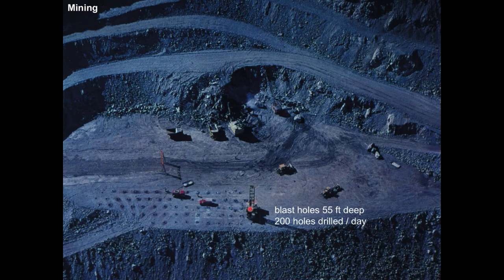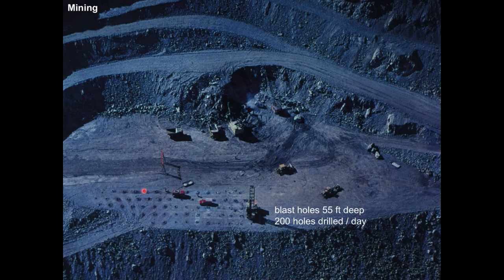In this case, we're drilling open holes, cylinders that go down 55 feet. And each one of these holes that I'll trace, 1, 2, 3, 4, 5, 6, 7, 8, 9, 10. You can see that all of these holes are lined up east-west across your screen and north-south across your screen.